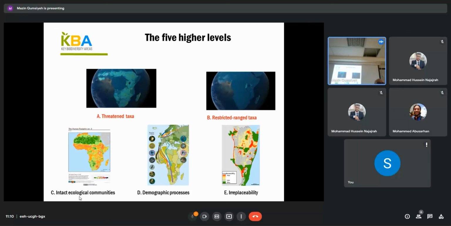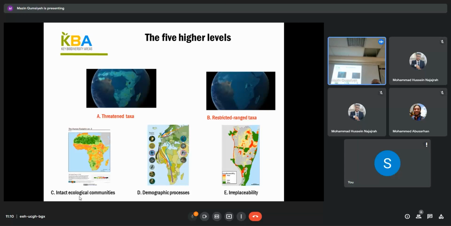You know that there has been human pressure on the land for thousands of years, and most ecosystems have been affected negatively or positively at some time by human influence. So there are very few intact ecological communities.